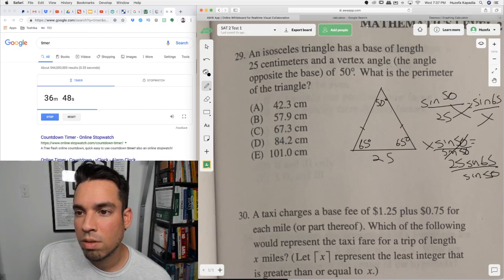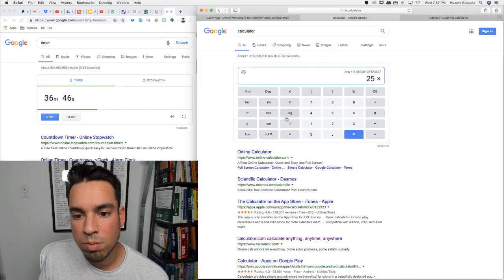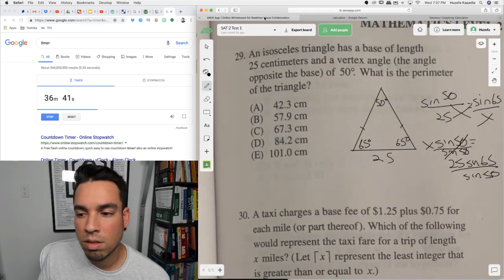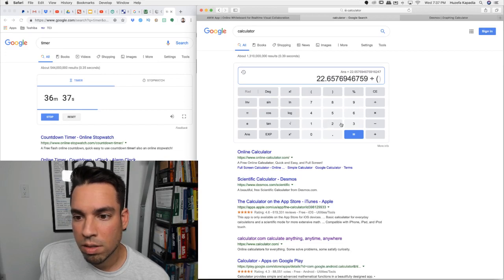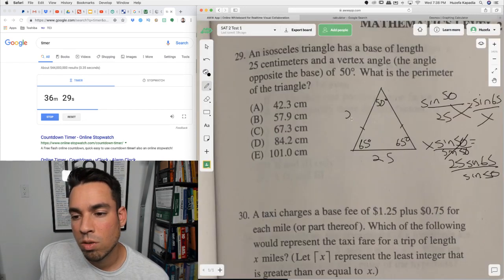So 25 times sine of 65 divided by sine of 50. And this gives me the side length of 29.57.